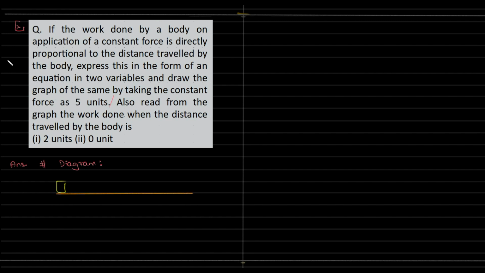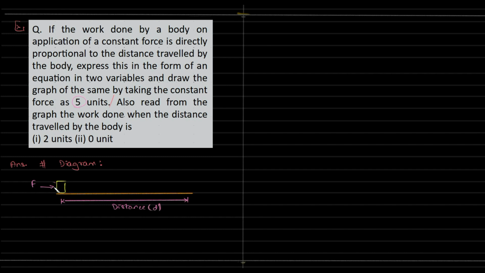This is a floor, and we are applying a constant force of 5 units. So this object will move from say here till here for a distance of, we don't know, some d, distance d.